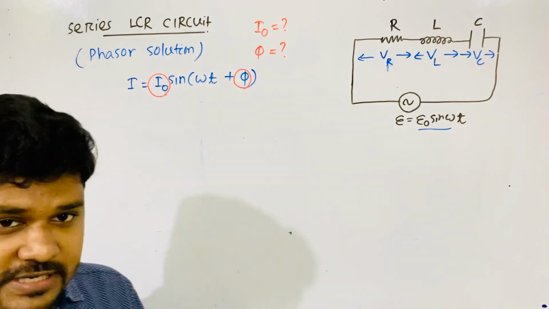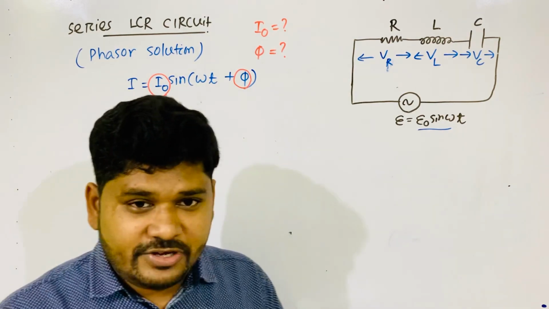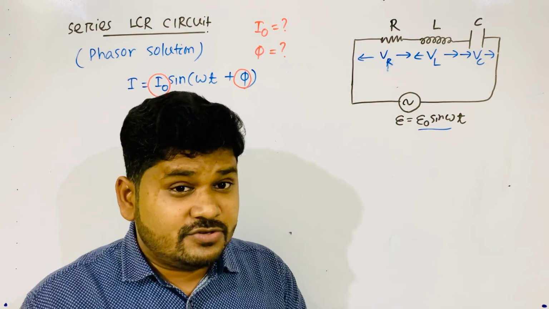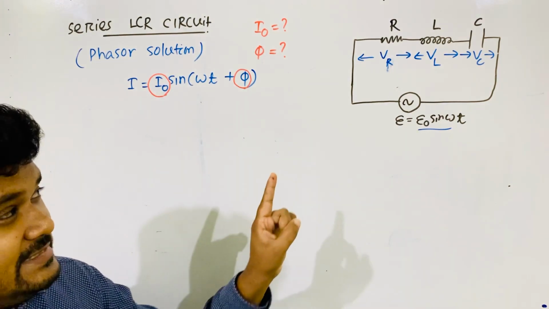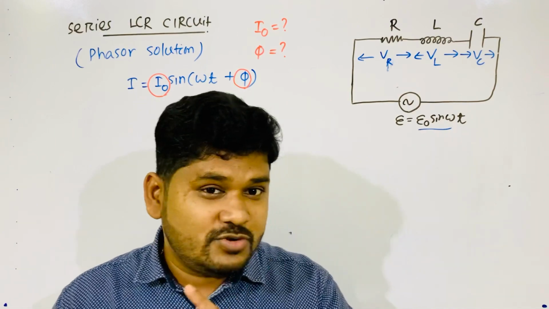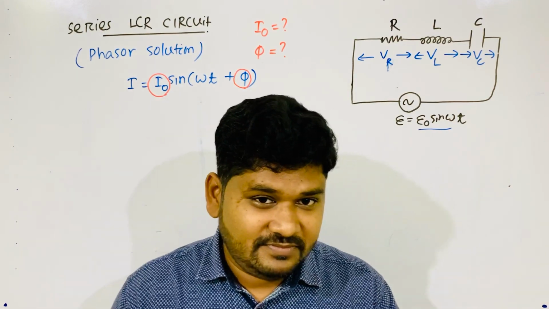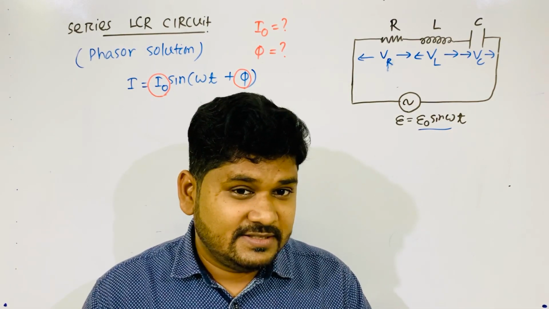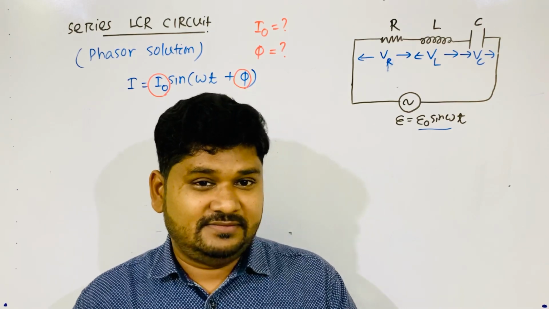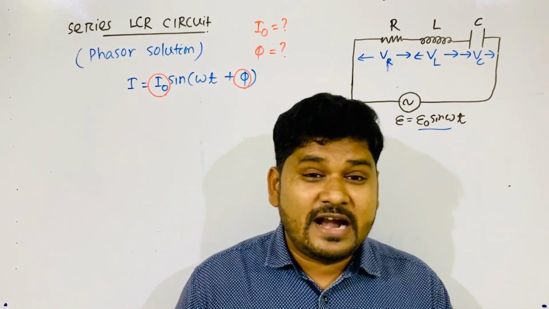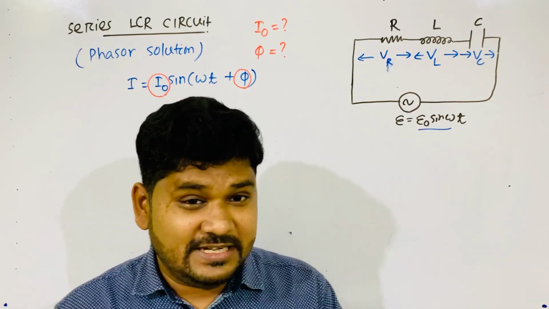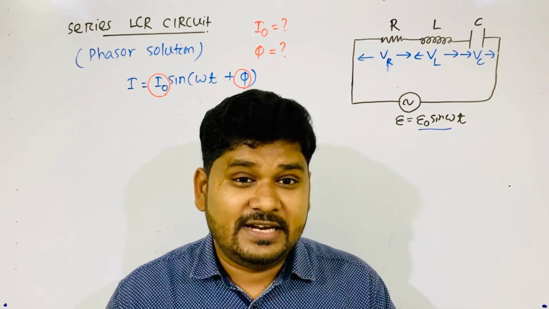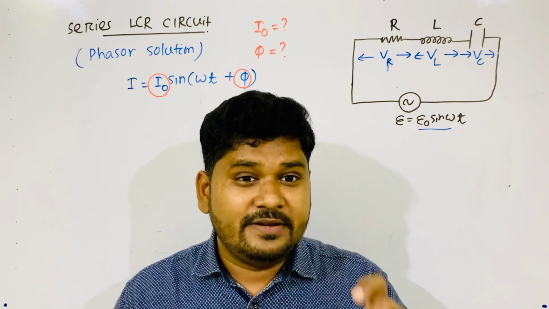Okay, so now let's come to the phasor solution. Even before that, we have to draw the phasor diagram. In series connection, what remains constant? Yes, you are telling correctly: current remains constant.